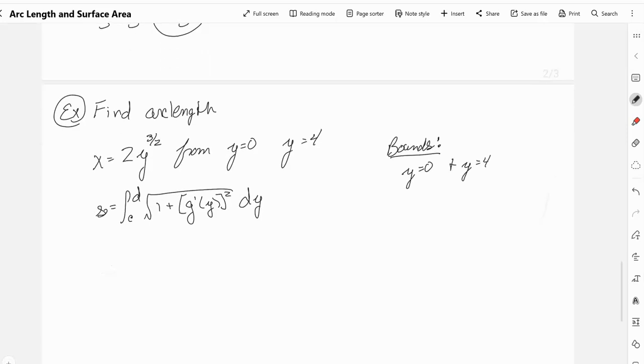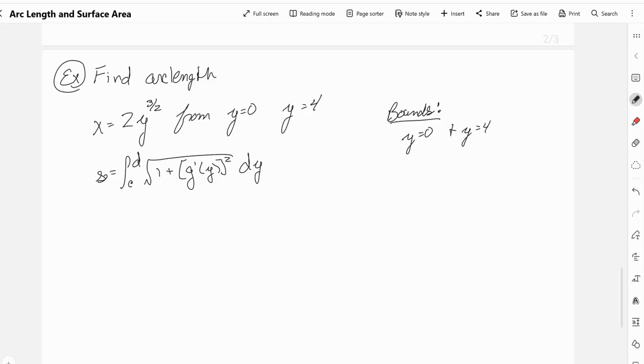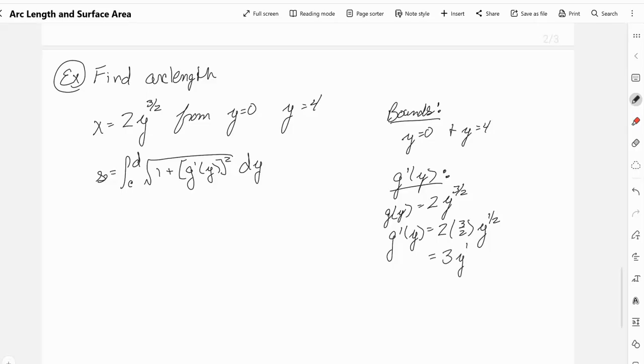They were given to us in the problem. We need to find the derivative. So we'll call this g prime of y. So if x equals 2y to the 3/2, then, well, let me call this g of y, then our derivative g prime of y, I'm taking the derivative, bringing that exponent down, subtracting 1 from the exponent. That 2 and that 1/2 are going to reduce, so I'm going to get 3y to the 1/2, or 3 square root of y.